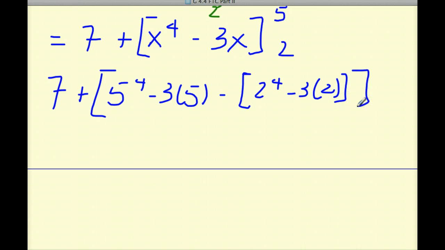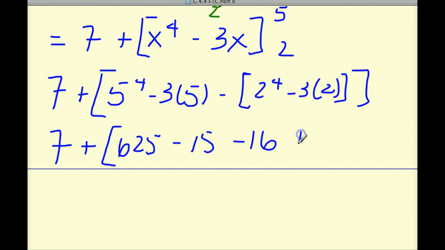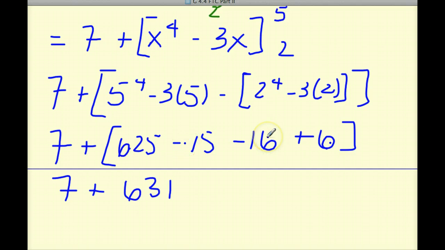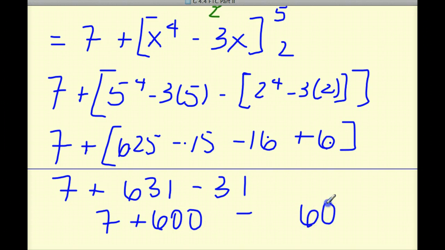This is equal to 7 plus 625 minus 15 minus 16 plus 6, which gives us 7 plus 600.